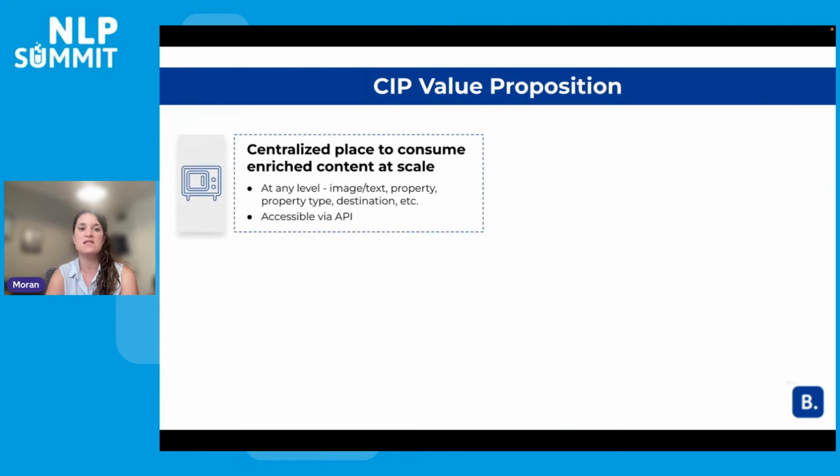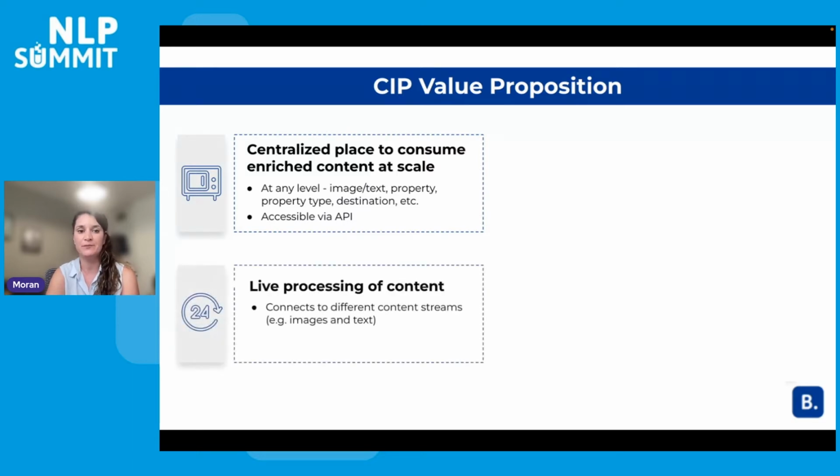So the main idea is that it's a centralized place to consume enriched content at scale, at any level: image, text, property. And we are doing backfill. There is batch processing to do backfill for all Booking images, all Booking content, all Booking reviews and other text, and we can save it offline and then consume it for different needs.